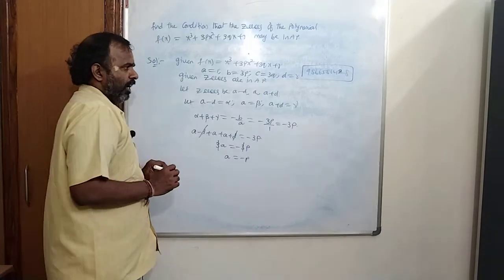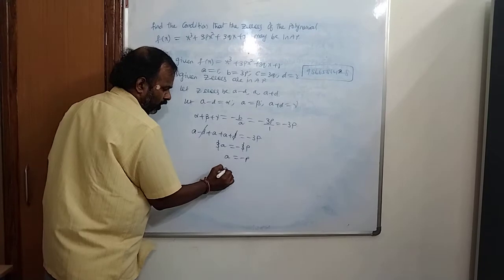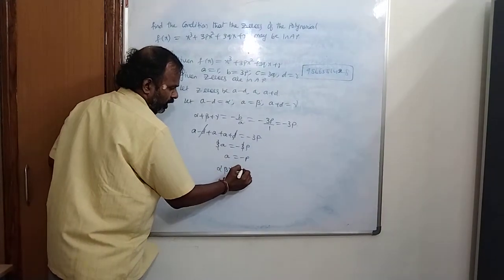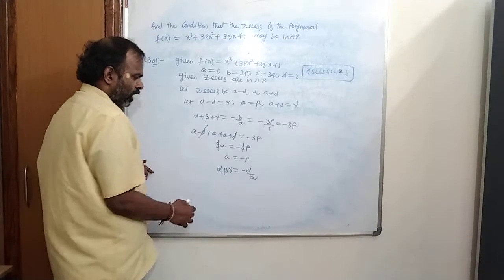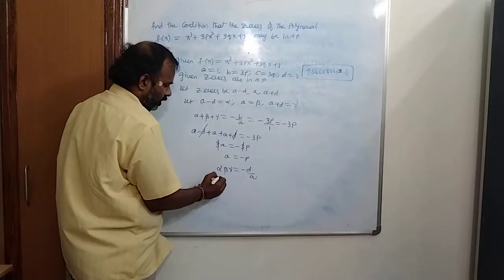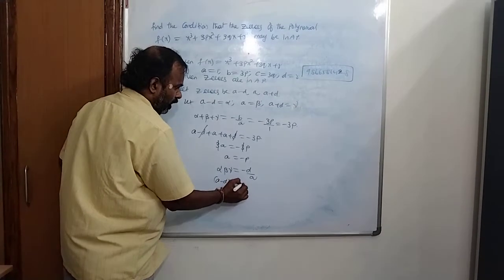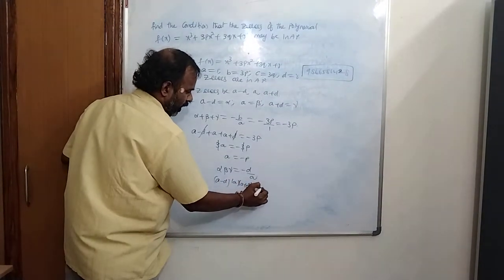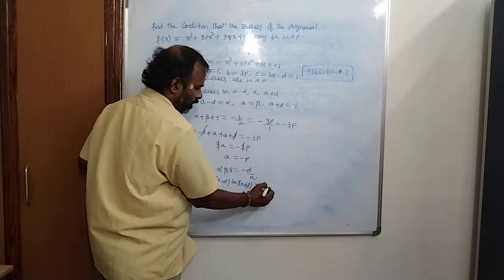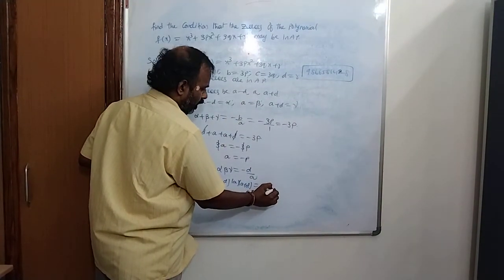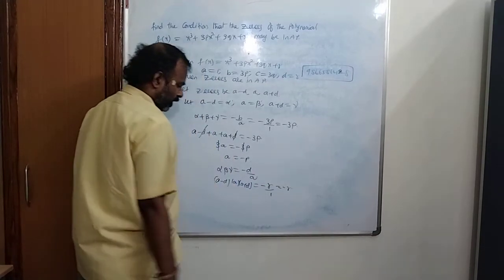Now we have to find the product of zeros. So product of zeros means alpha, beta, gamma is equal to minus d by a. Alpha, beta, gamma, that is a minus d into a into a plus d, is equal to minus d, which here is r by a, a is 1, that is minus r.